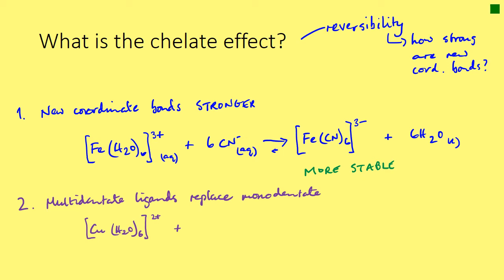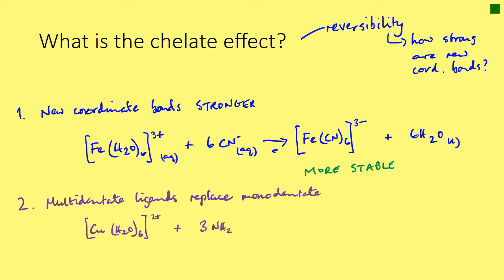If we've got 3 of those, because they're bidentate ligands, so 3 times 2 is going to be 6 coordinate bonds, which is what we want to replace 6 coordinate bonds from the water molecules. So we need 3 of these molecules, and ethane 1,2-diamine has a formula like this.